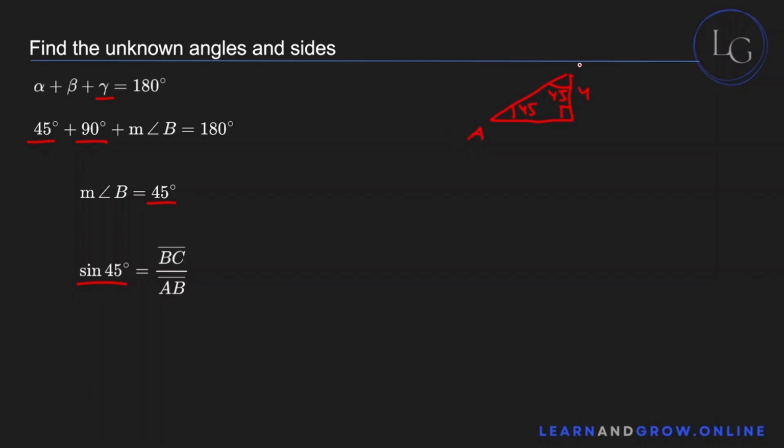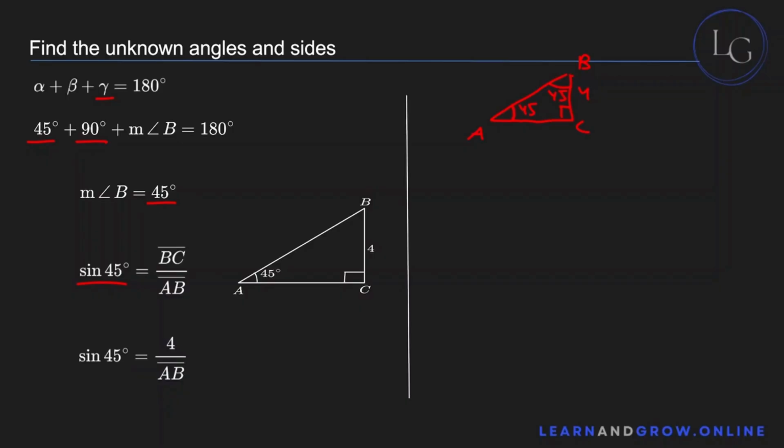This is side A. This is side B. This is side C. So BC is 4. So sine 45, the sine of this angle, is the opposite over the hypotenuse, right? So BC over AB. Now, we know that BC is 4. We need to find AB.